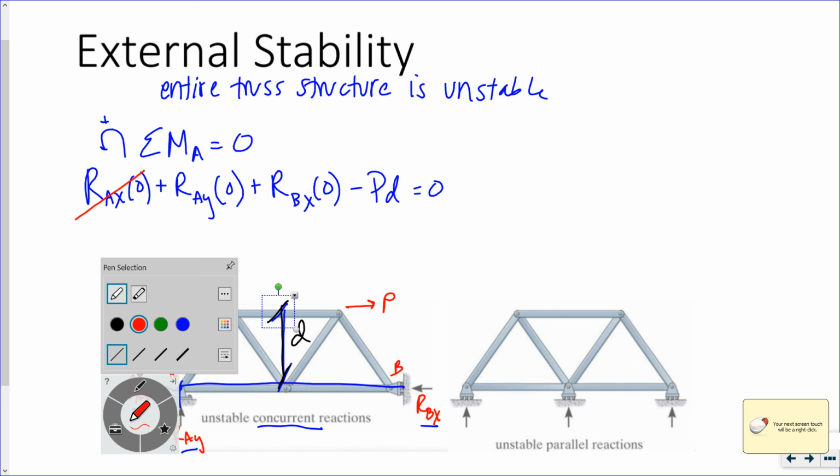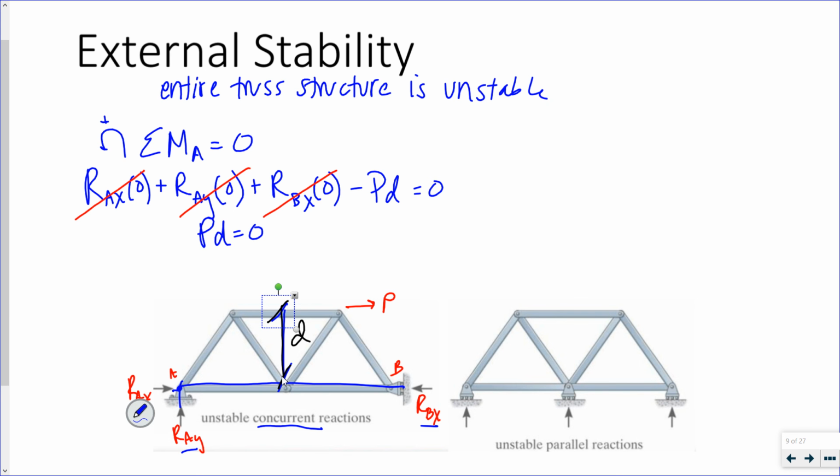That's 0. That's 0. That's 0. So the only way this is valid is if PD is equal to 0. So I either have no force or the moment arm is 0. And then you just get 0 equals 0, right? So that's the fact that all of these reactions have a line of action that converge at the same spot.